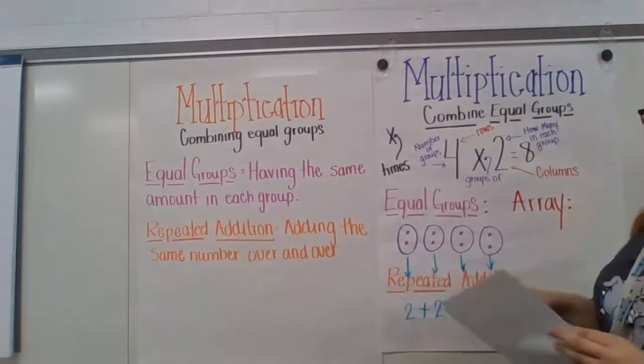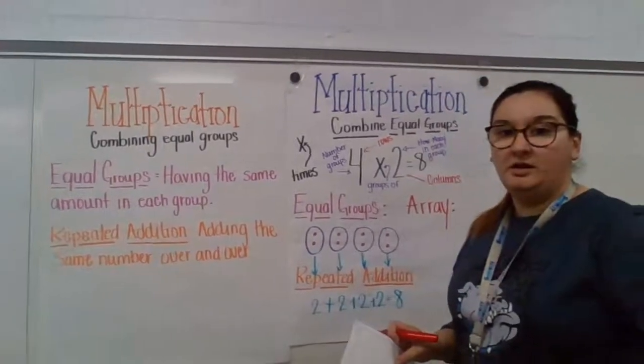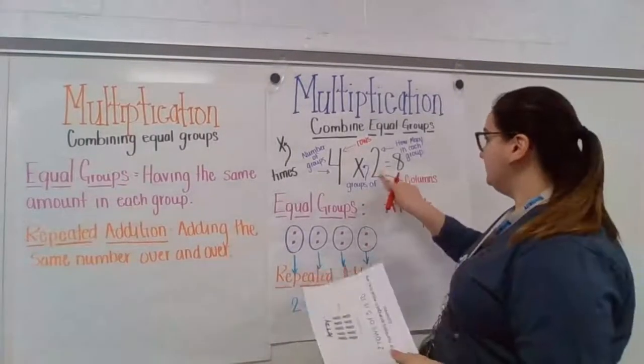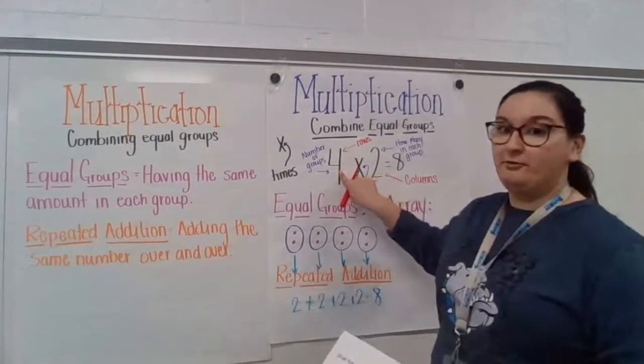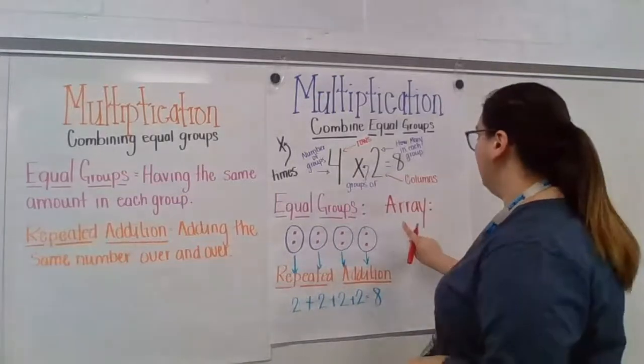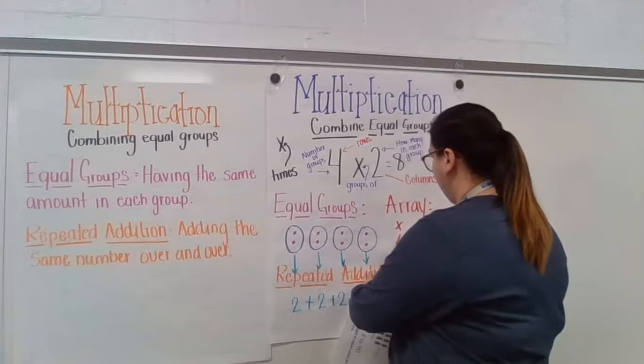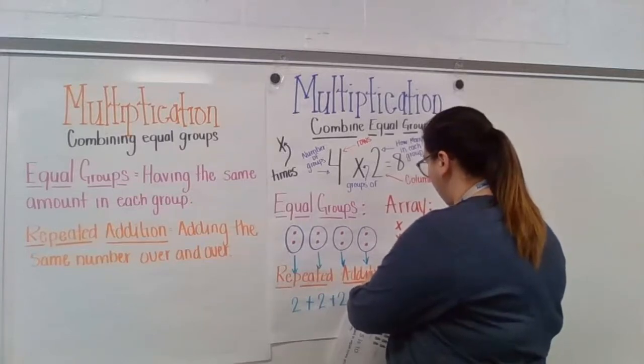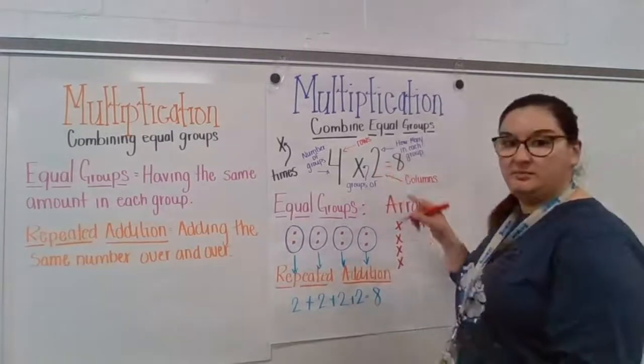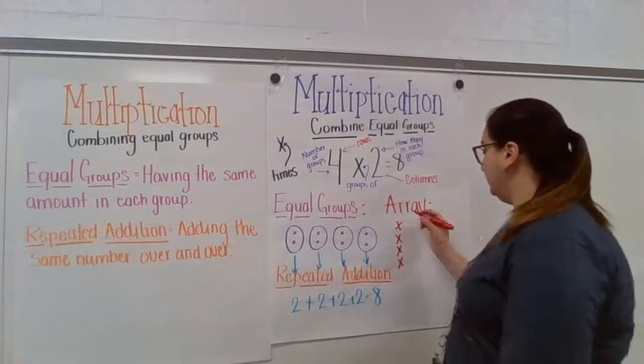Okay. So if I wanted to show 4 times 2, I need to make sure that I have 4 rows. So I have 1, 2, 3, 4, and I need 2 columns. This is 1 column.